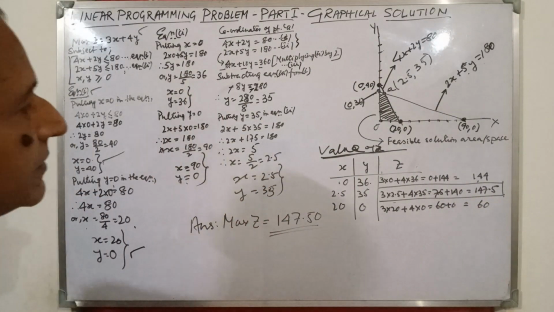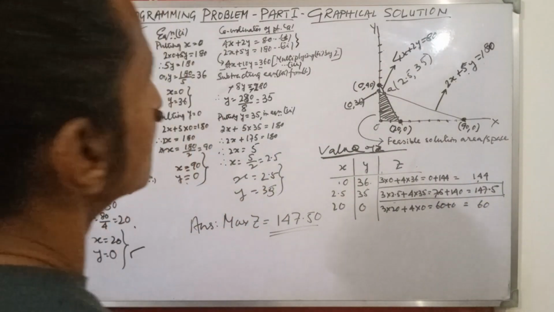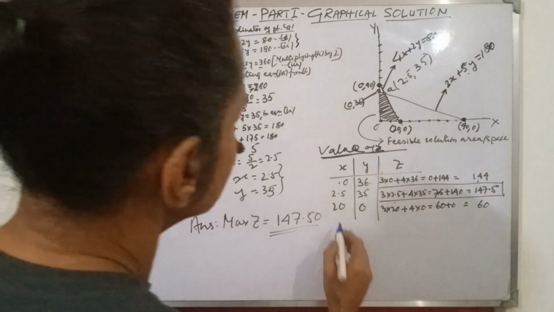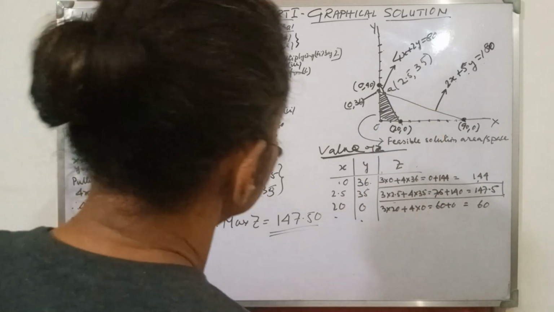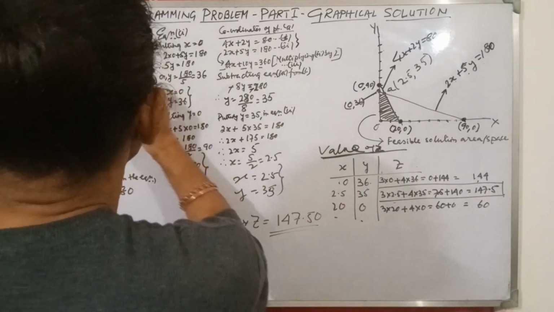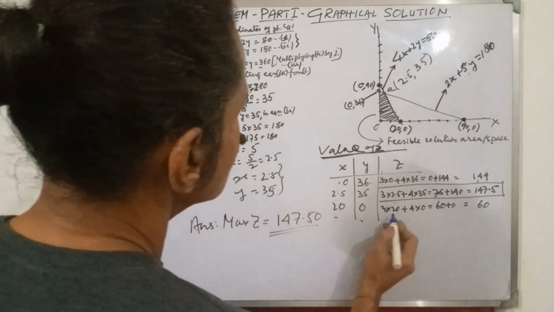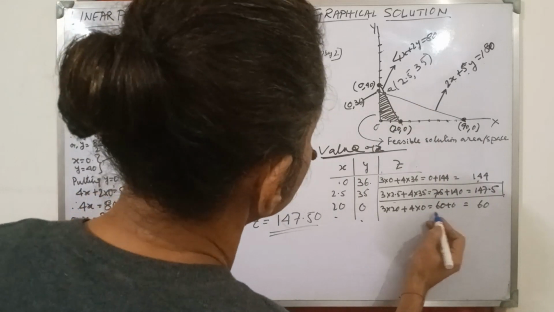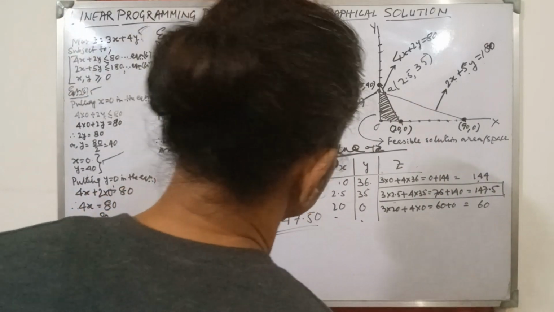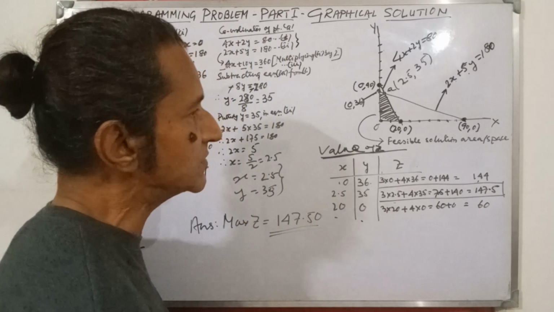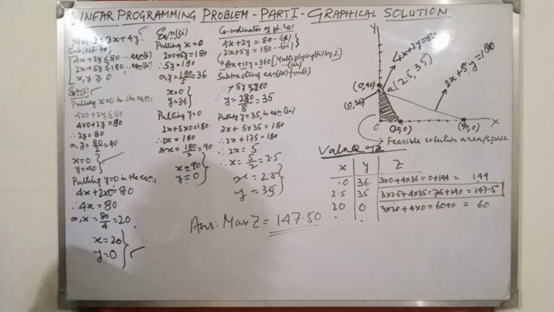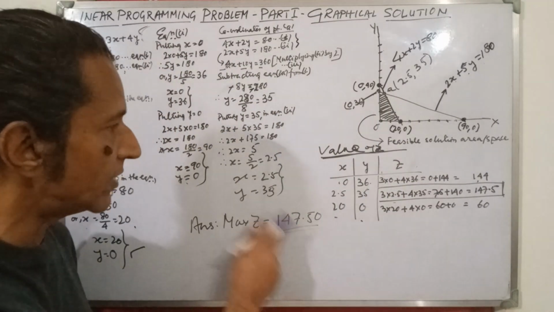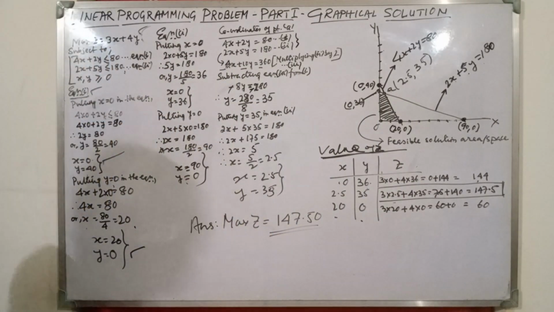And finally, we put the coordinate of this point, 20, 0, in the objective function. So 3 into 20 plus 4 into 0 equals 60 plus 0, which is 60. So the maximum value of Z is 147.5. So the answer is max Z equals 147.5.